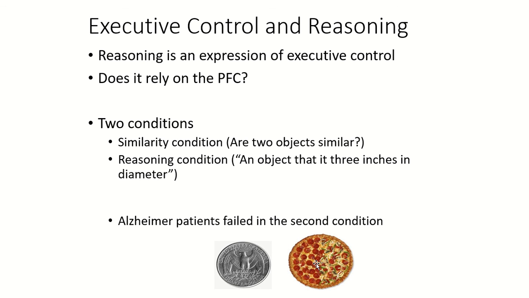Whereas a pizza, albeit not a regular size for a pizza, you could conceivably make a pizza that is 3 inches in diameter. So the correct answer would be a pizza. And Alzheimer patients consistently would fail in that kind of condition because, again, reasoning would also involve the prefrontal cortex. And in the case of Alzheimer's, we know that people actually have damage to that area and they have trouble completing that condition successfully.